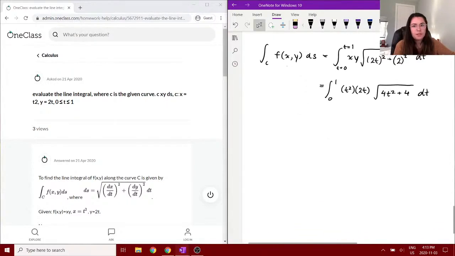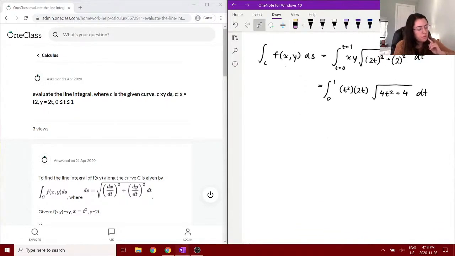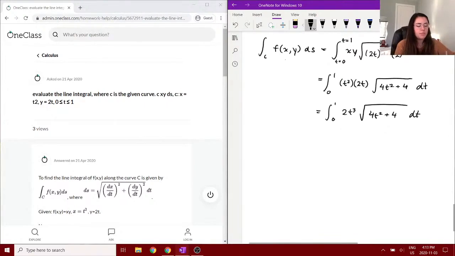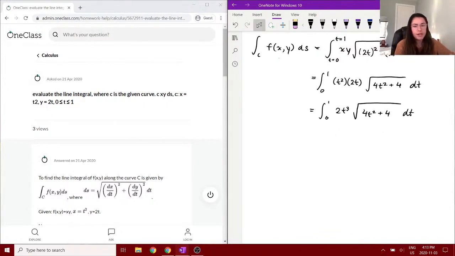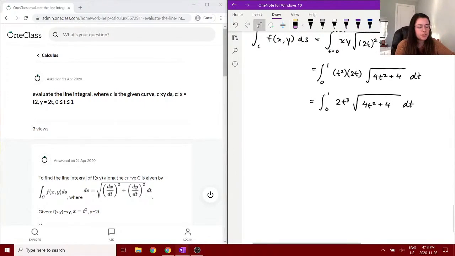Okay, so when we expand this part, it's just 2t cubed. Just going to rewrite this. Now that we have everything expanded or written, basically simplified, we have to start rearranging it.